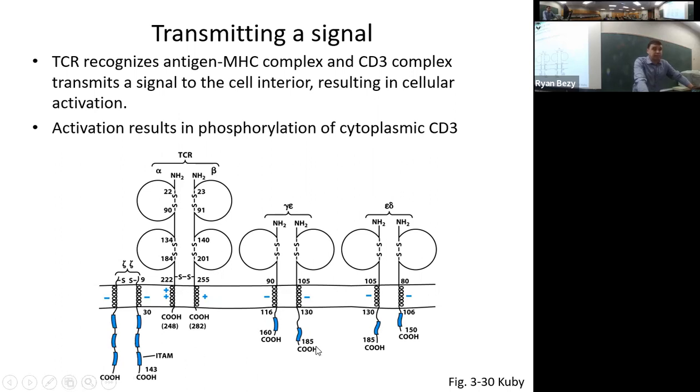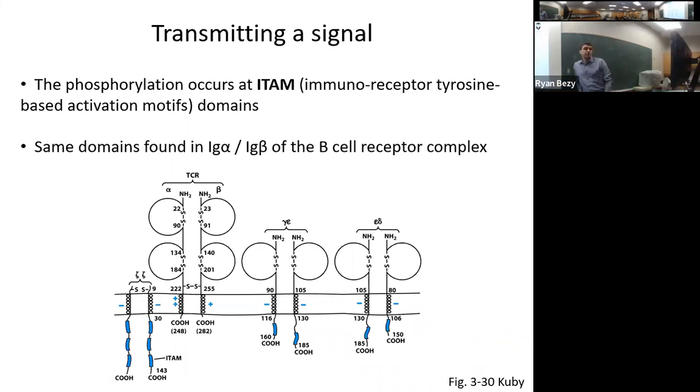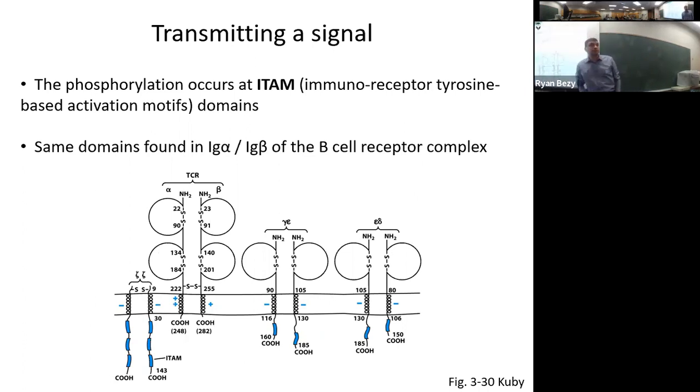So these are all the ITAM domains in blue. Phosphorylation occurs at these ITAM domains, immunoreceptor tyrosine-based activation motifs, and that results in a phosphorylation signaling cascade that turns on T cell responses. And this is very similar to when we talked about the B cell receptor as well.